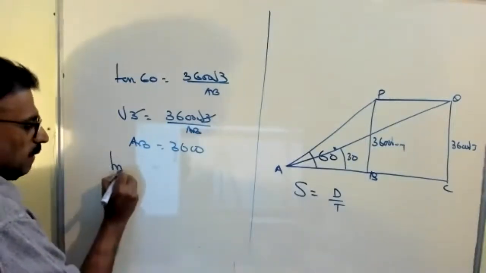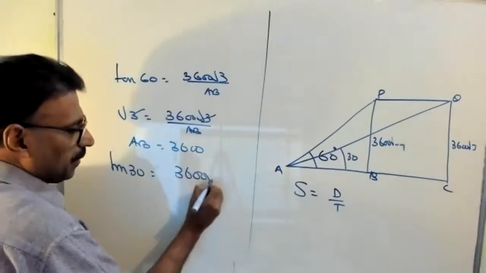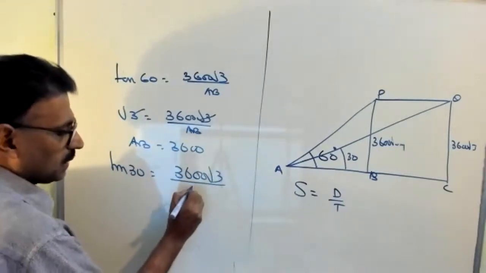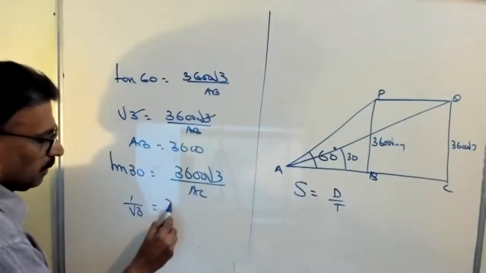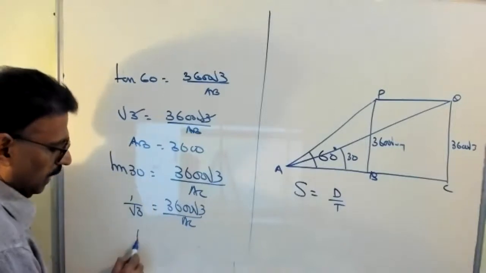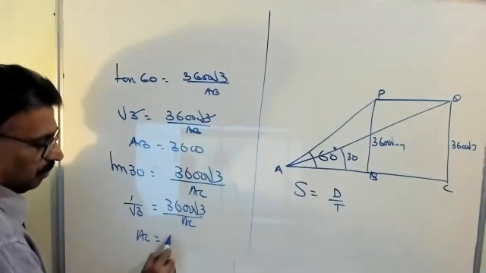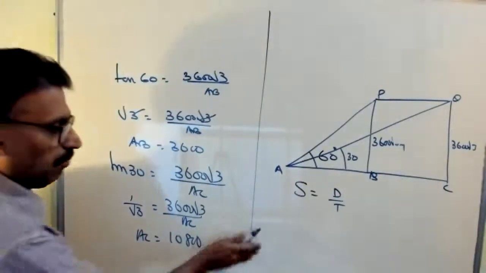Then tan 30 equals 3,600 root 3 divided by AC. So 1 by root 3 equals 3,600 root 3 by AC. AC equals 10,800, we multiply.